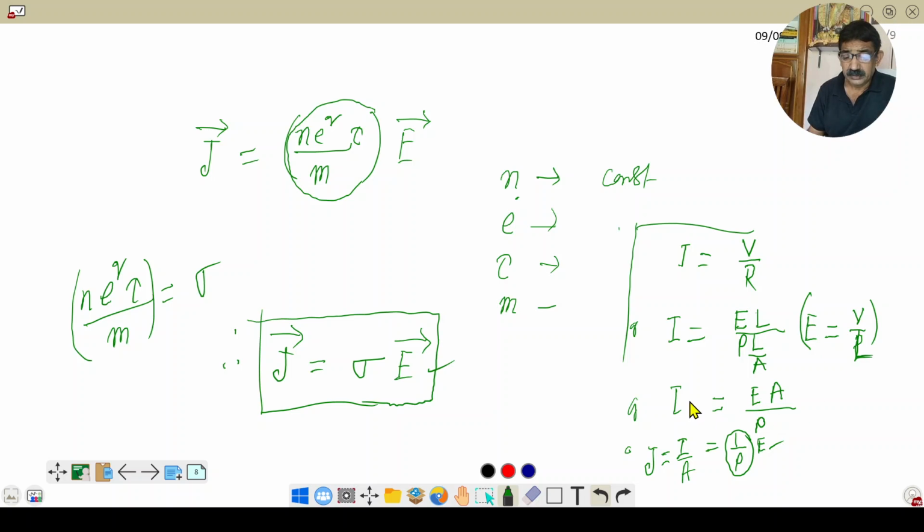Now, under this condition, I is equal to EA by rho, or J is equal to I by A, current density is equal to 1 by rho into E. That means 1 by rho is equal to sigma. This rho is known as resistivity. This sigma is known as conductivity.